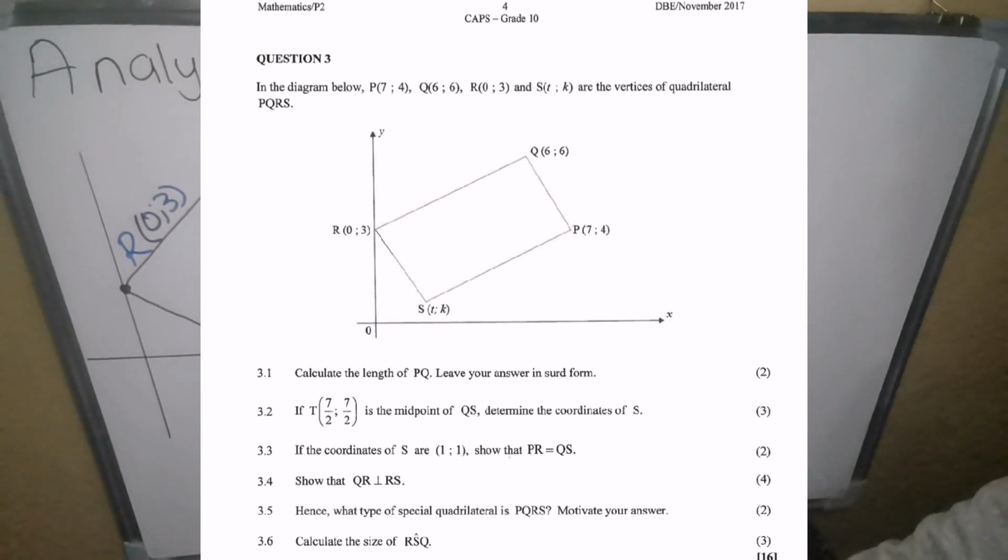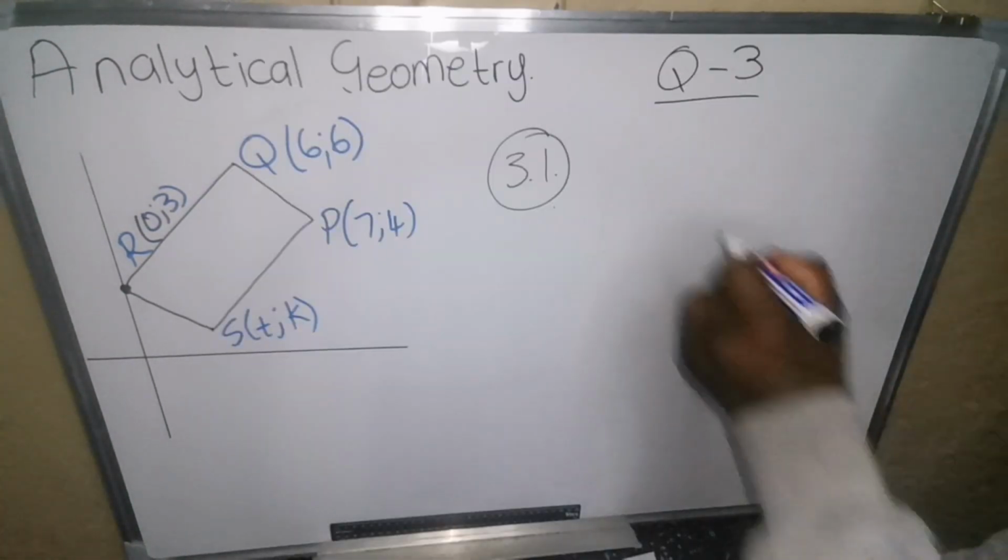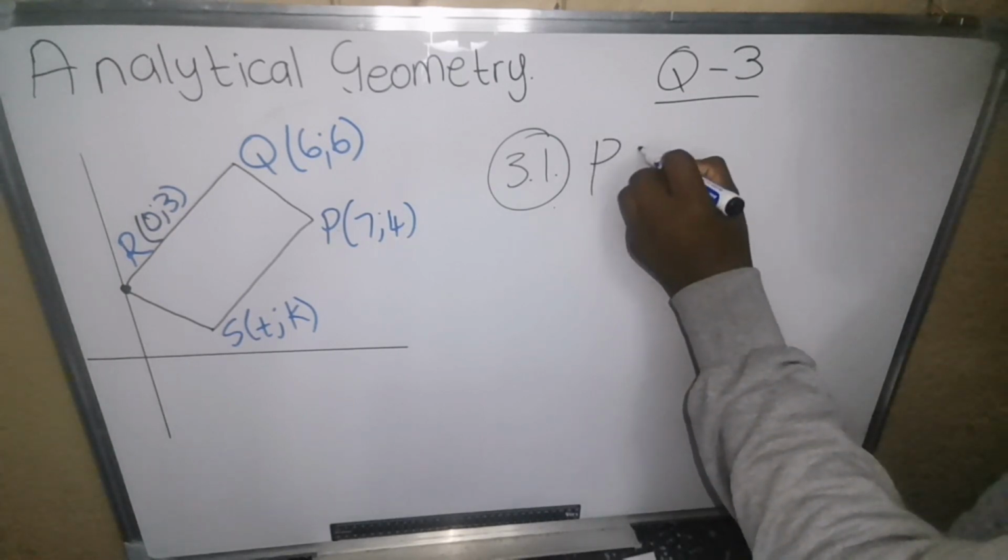It says that in the diagram below, P(7; 4), Q(6; 6), R(0; 3), and S(t; k) are the vertices of a quadrilateral PQRS. 3.1. Calculate the length of PQ. Very important: the length of PQ, you already know one here.